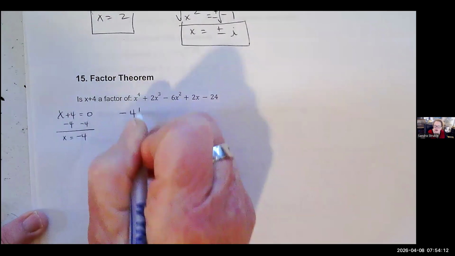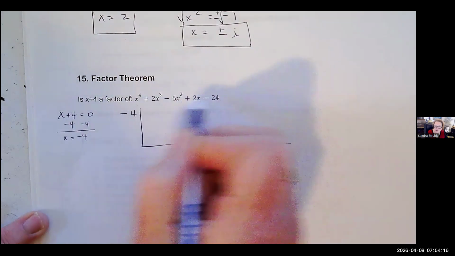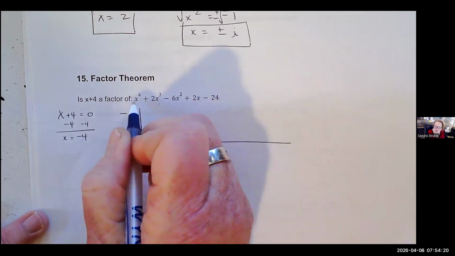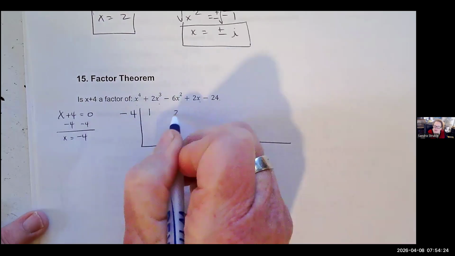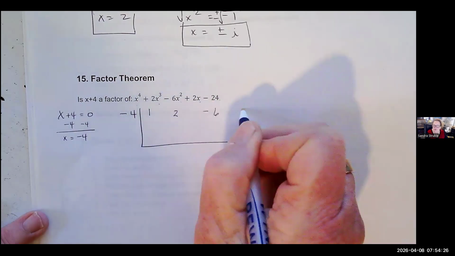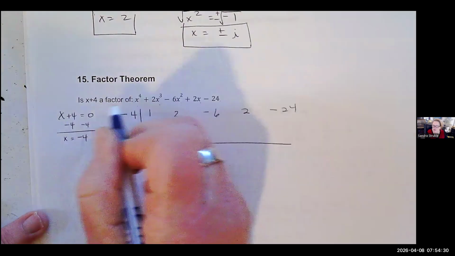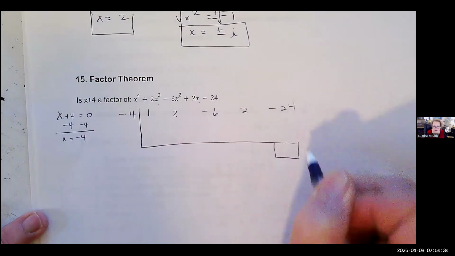Make sure you've got all of your terms, 4, 3, 2, 1, constant. So I just now need the coefficients of each one. Coefficients are 1, 2, -6, 2, and -24. If x plus 4 is a factor, then the final answer here should not have a remainder. It should be a 0. That's our goal to find out.